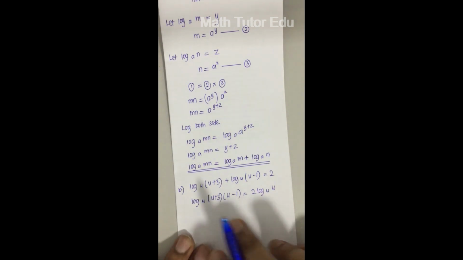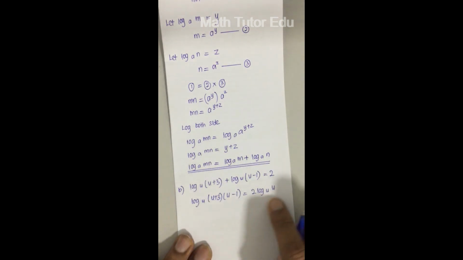Okay, so for the next step, we're going to expand this quadratic expression. And for the right hand side, the 2, we're going to bring it to the top over here. It will become u squared.